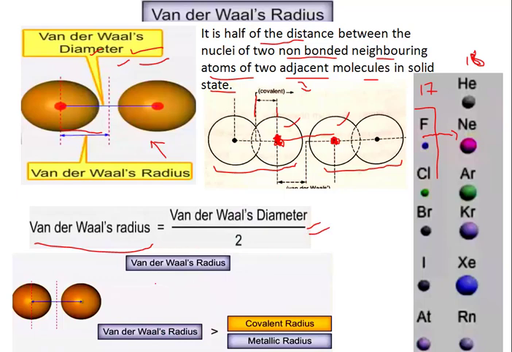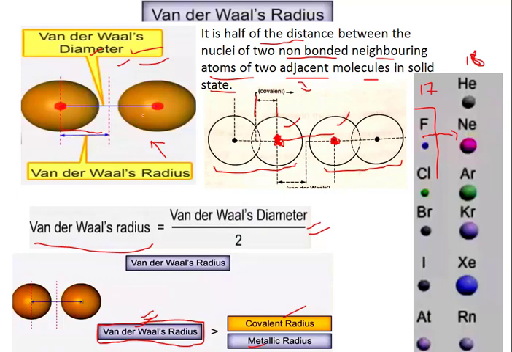Now one more thing you have to note. We have discussed three types of atomic radii: covalent radius, metallic radius, and van der Waals radius. Out of these three, van der Waals radius has the maximum value because the force of attraction is weakest.